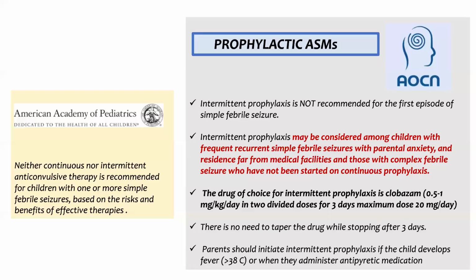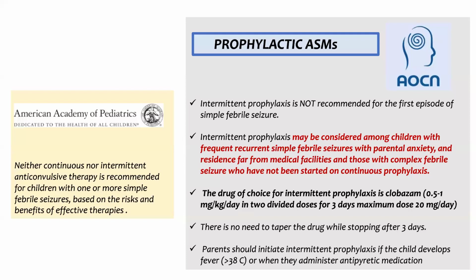And coming to intermittent prophylactic ASM, this is another debatable topic, but we all give frisium prophylaxis, right? Clobazam for all patients of febrile seizure, the second episode, 1 mg per kg per day for 3 to 5 days. So this actually lacks evidence. There's only low quality evidence that intermittent prophylaxis of clobazam will help in preventing recurrence of a febrile seizure. So there's no strong evidence for that.